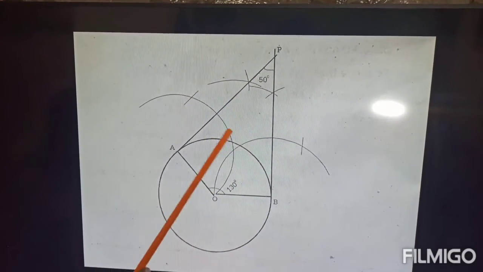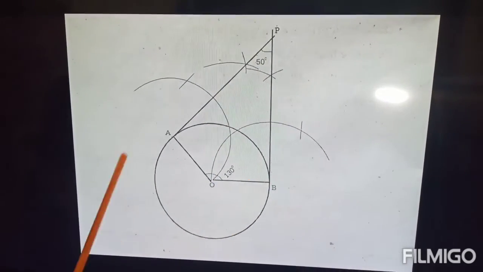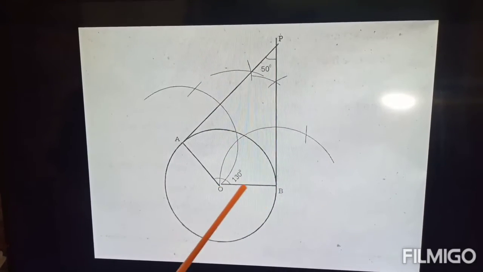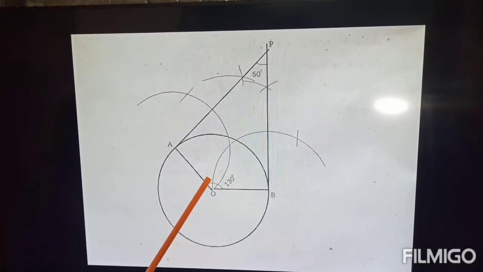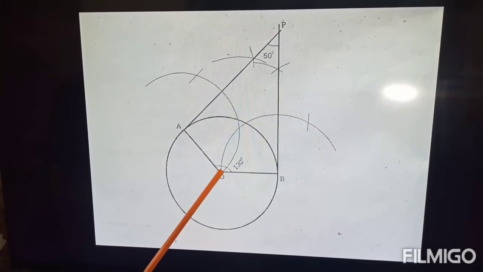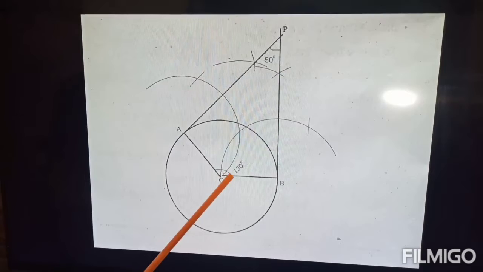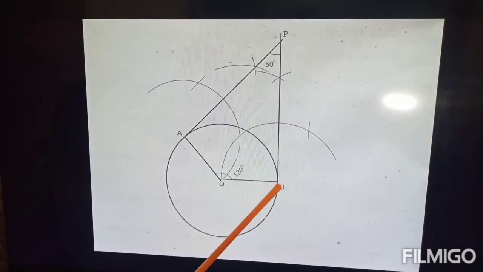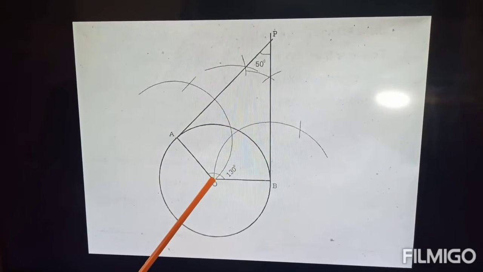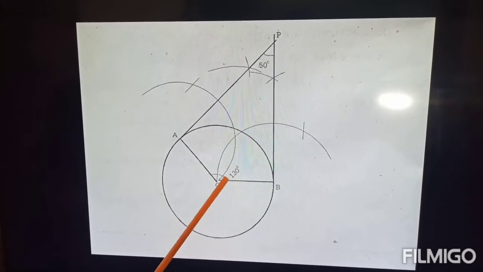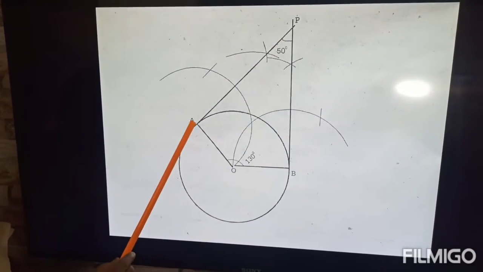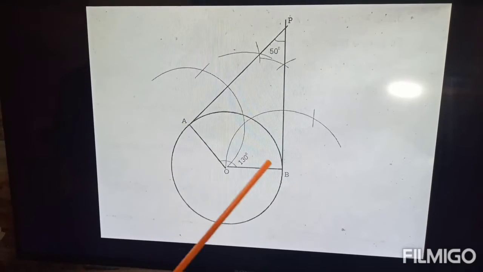Then after drawing the circle of radius 3 cm, with radii OA and OB, we get the central angle of 130 degrees. First draw OA, then make a 130 degree angle, then you will get this radius OB, with points at A and at B.